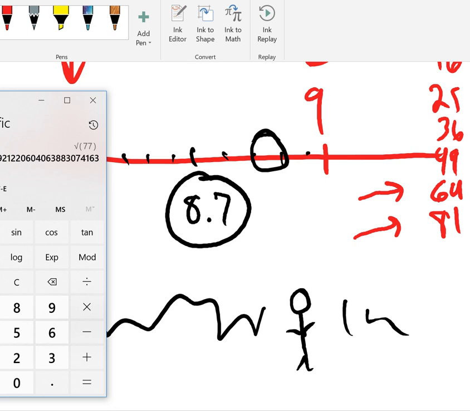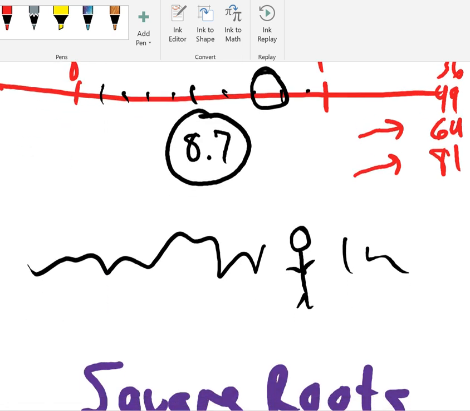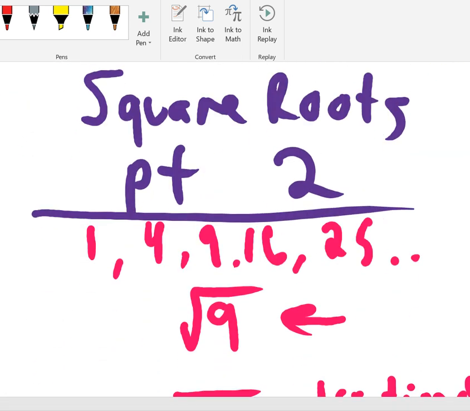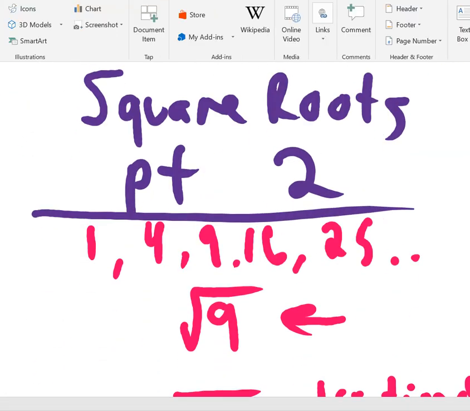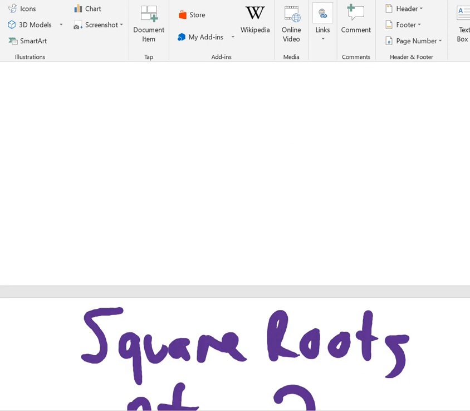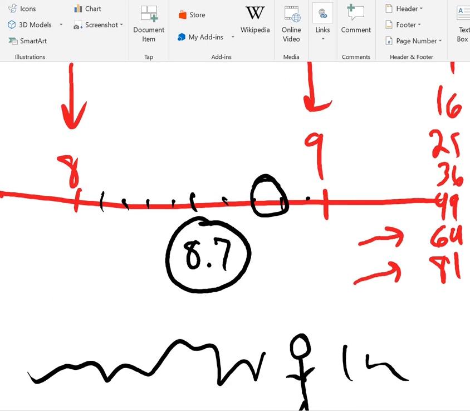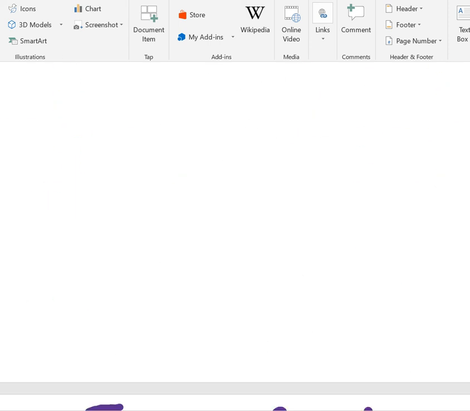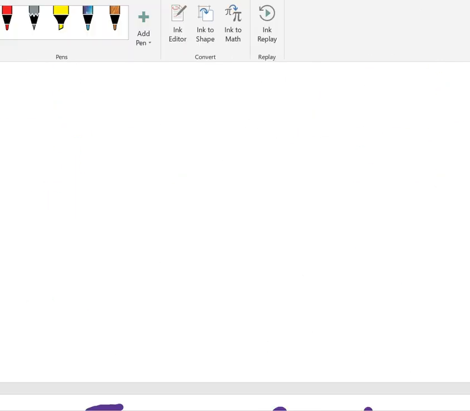Okay, little children, have fun with that. Let's try these. Y'all try this. Insert blank page. I want you to try these on your own, please. And we'll use our fun little marker here. Square root of 2. We'll save that one for the end.